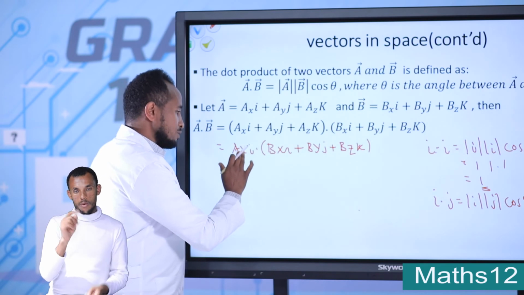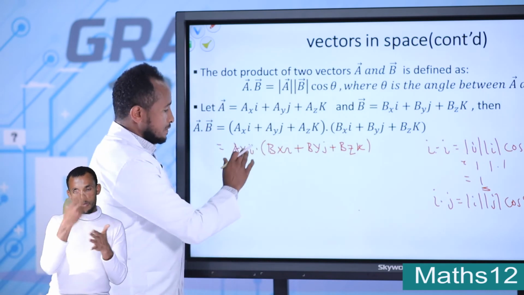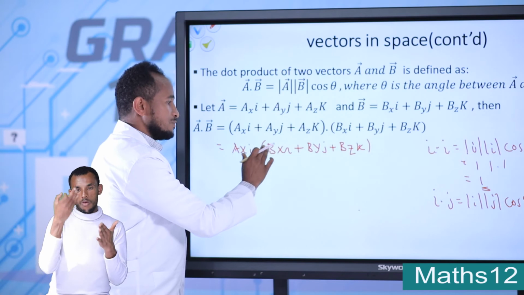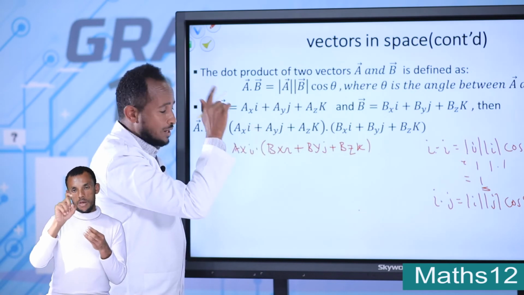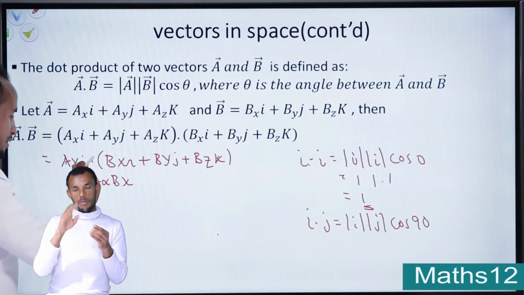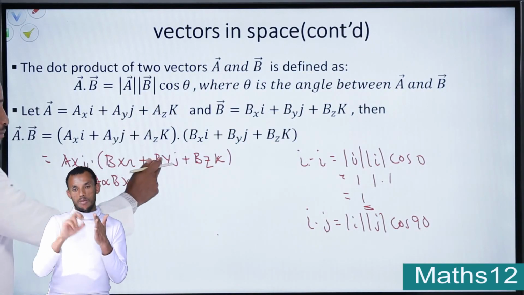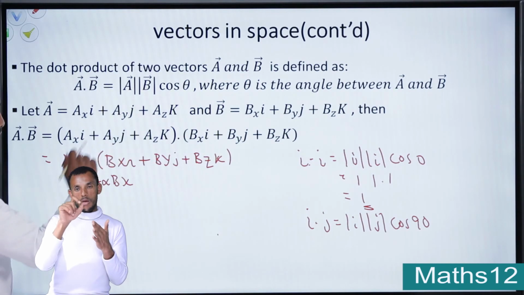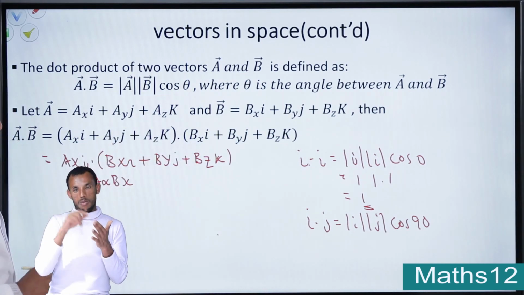when you distribute this dot product here, Ax Bx times I dot I. I dot I is 1, so this will be Ax Bx. The dot product of I with J is 0, and the dot product of I with K is also 0.